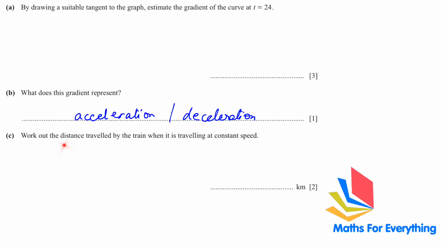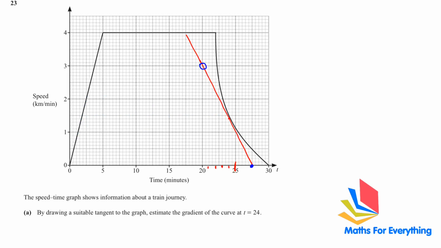For part C, work out the distance traveled by the train when it is traveling at constant speed. To find distance, we use the formula distance is equal to speed multiplied by time. When is the speed constant? When is it traveling constantly at this part? It's a straight line, which means constant.